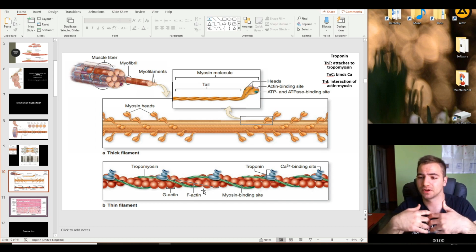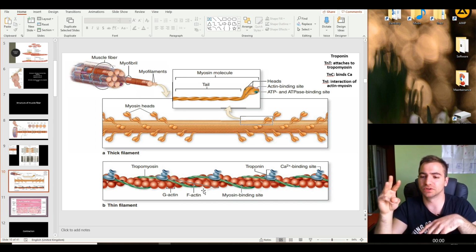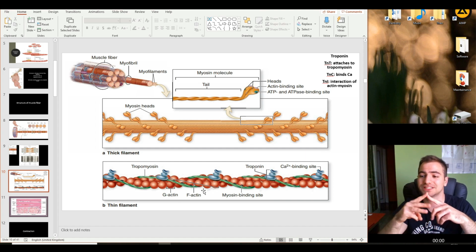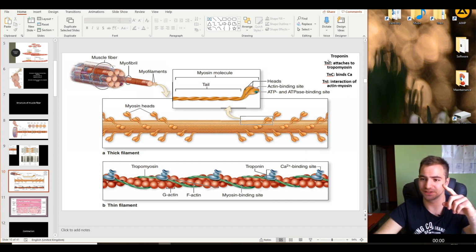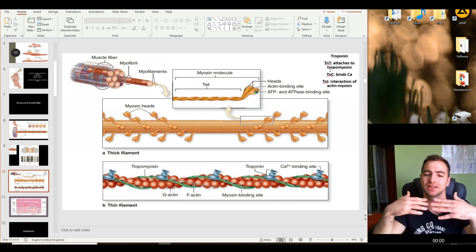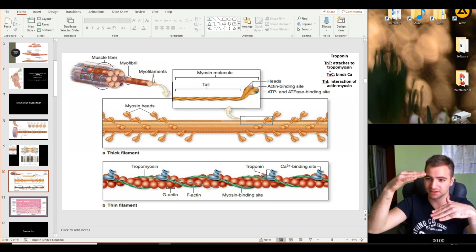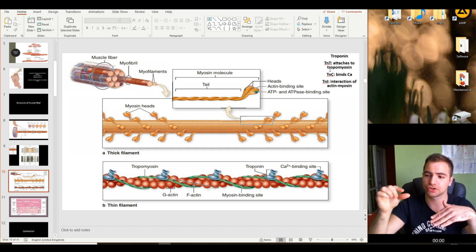On top of this tropomyosin, we have this troponin unit. Troponin is a three-component protein that is made out of TNT. The T comes from tropomyosin. It means that this is the troponin part that is attached on the tropomyosin.